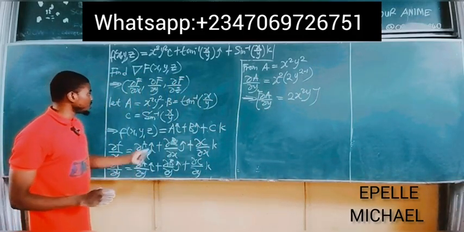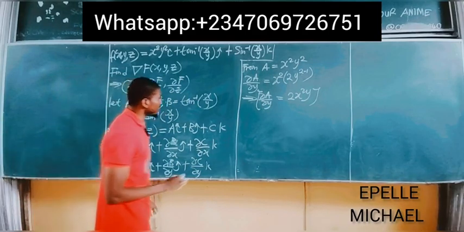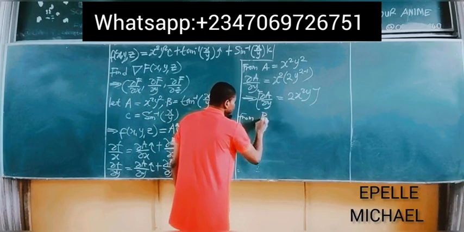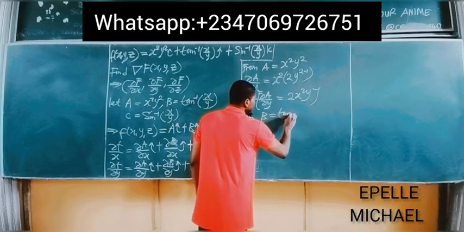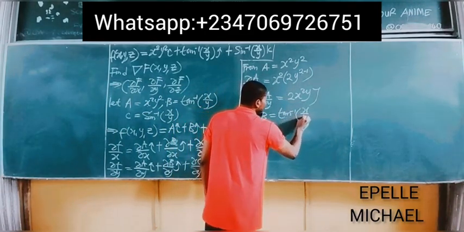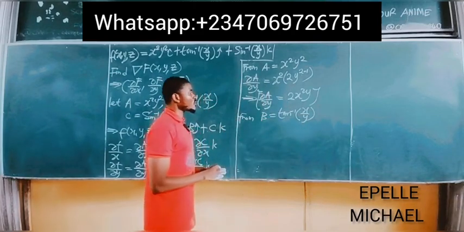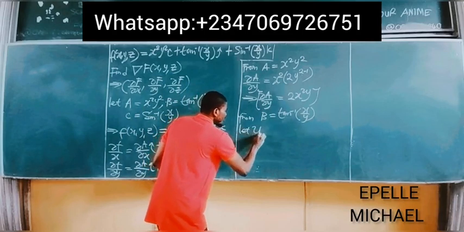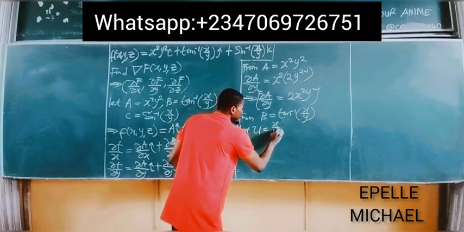Next is to differentiate b with respect to y. So from b equals tan inverse of x all over y. Okay, so what I will do here is this, like always, let u be equal to x all over y.